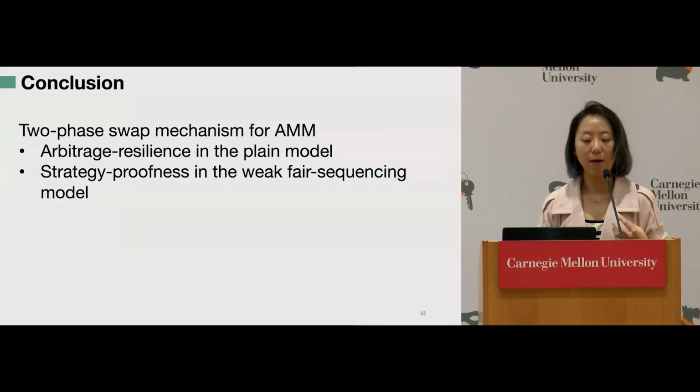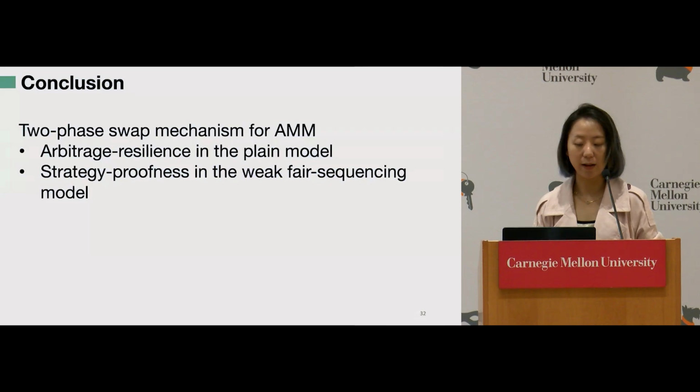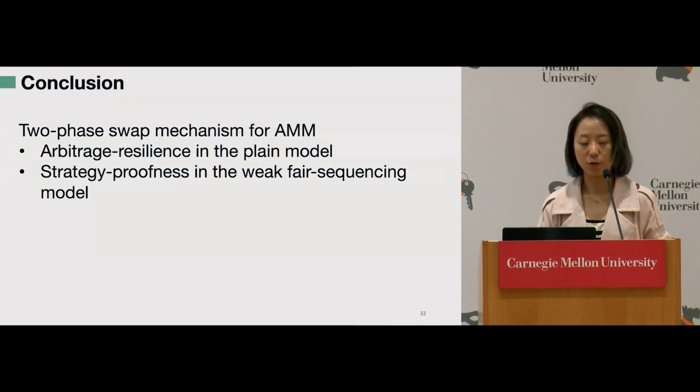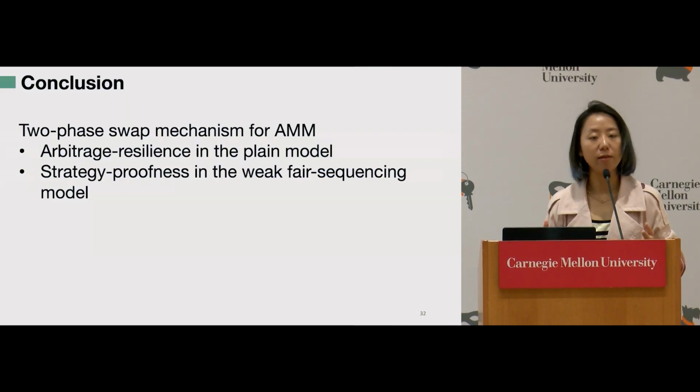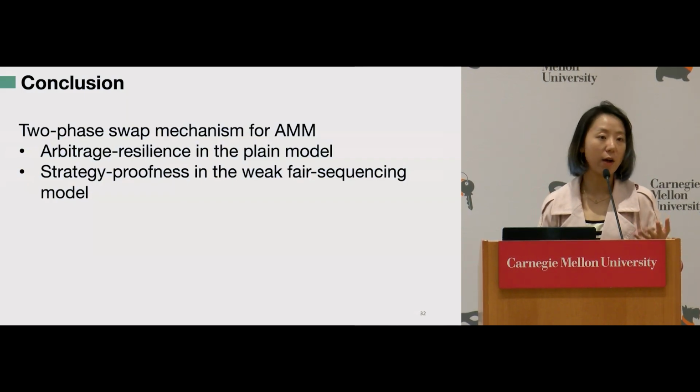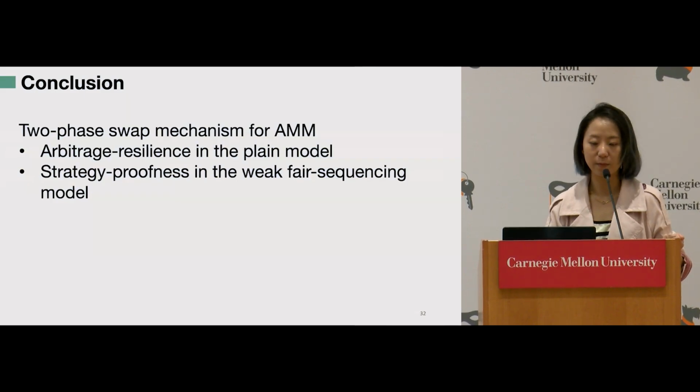And if we have a stronger consensus model that achieves weak fair sequencing, then this mechanism achieves strategy proofness. And in our paper, we also extend the model to another version called the no short selling version, where users just prefer to buy or sell as much as possible as long as they have balance in their accounts.